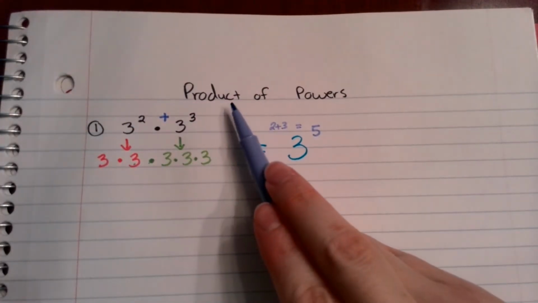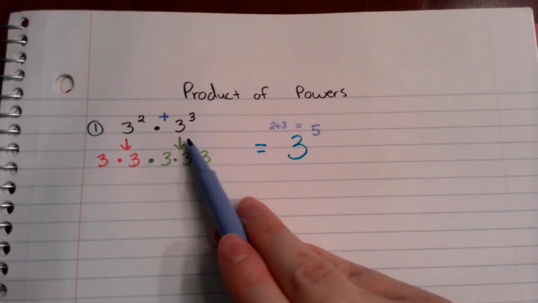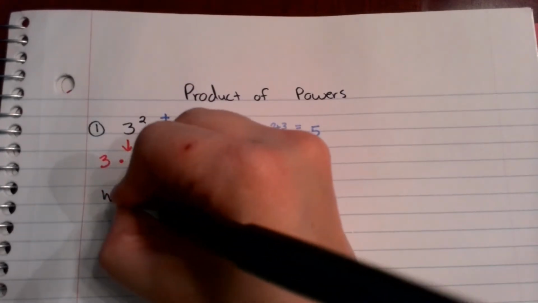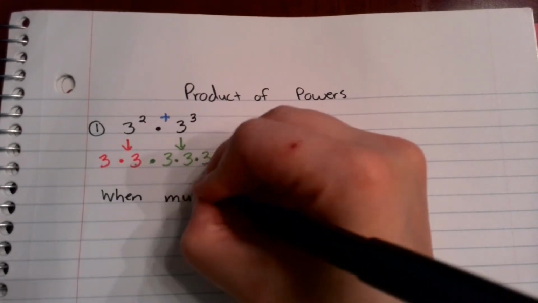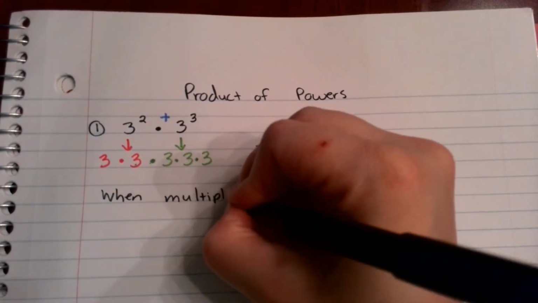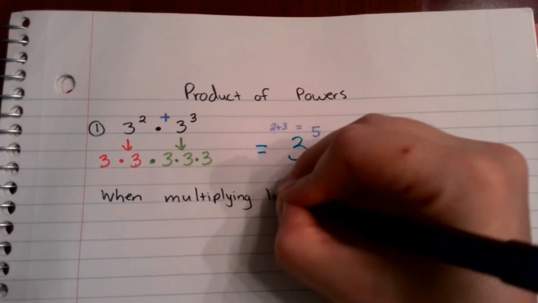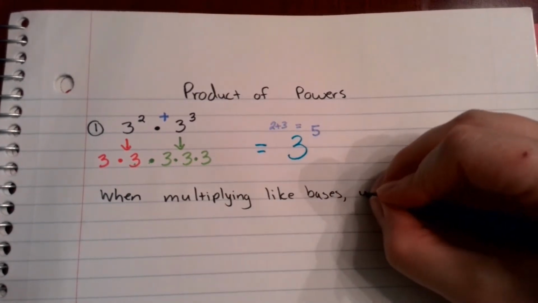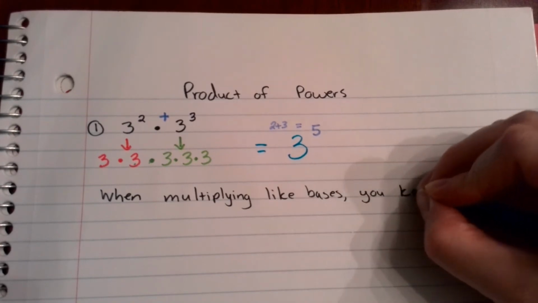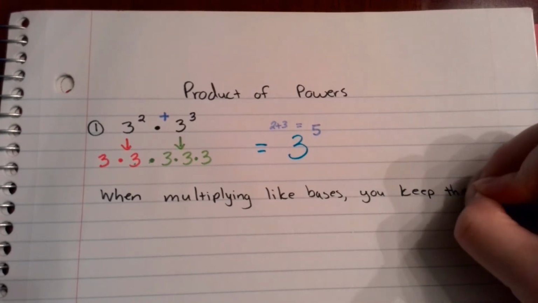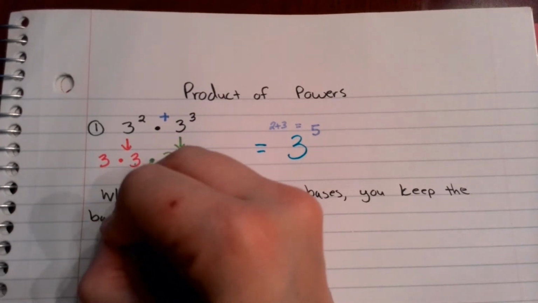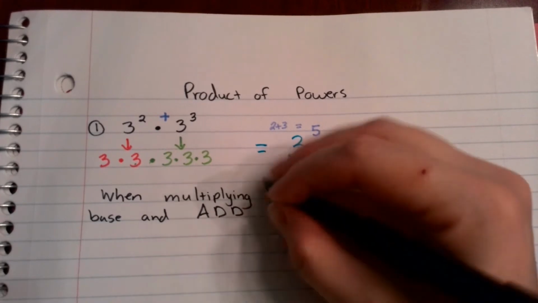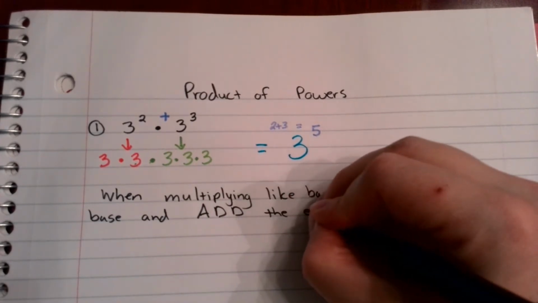So when we're multiplying like bases, you keep the base and add the exponents.